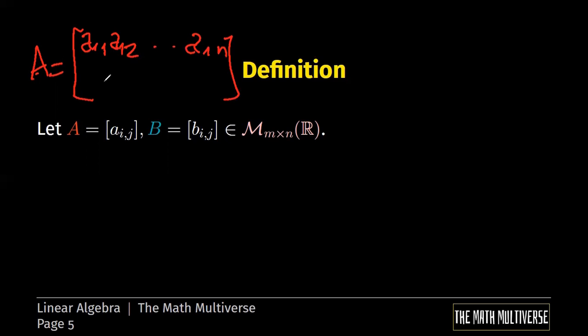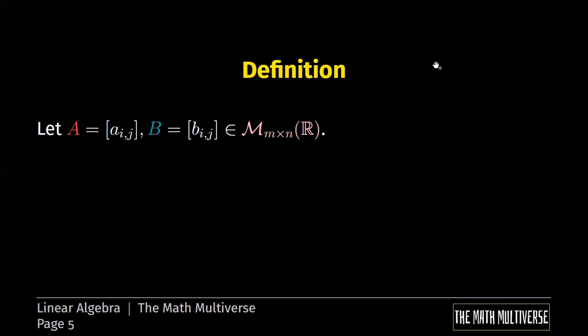Then we go down until Am1, and we go right until the last element, which is Amn. And with B, it's exactly the same. You just replace small a with small b. This is just to remind you what the notation stands for.